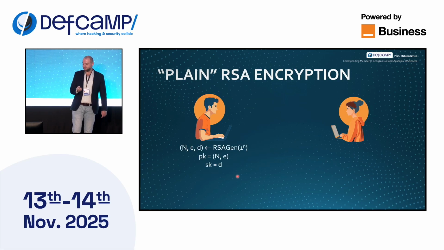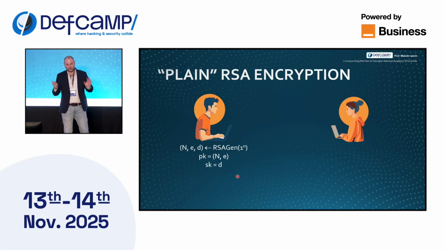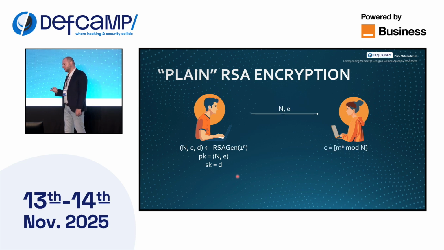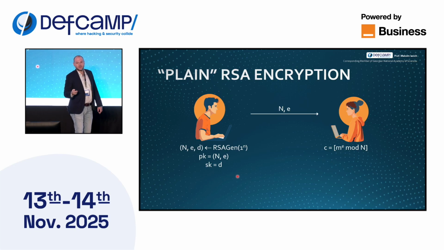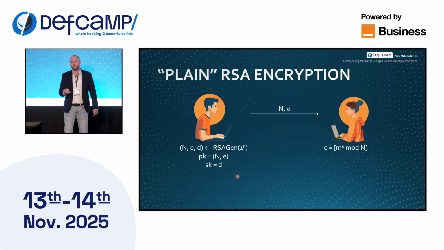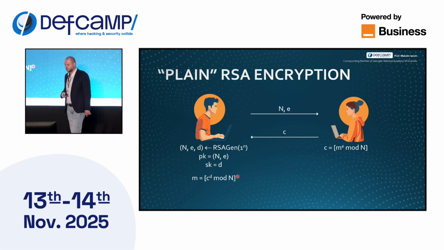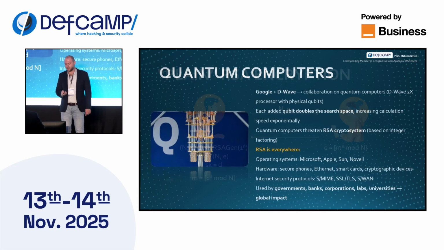So Bob's public key is N and E. Let's consider it simply: the public key is E, the secret key is D. He sends the public key E to Alice to encrypt the message. She raises the message to the power of E, and to decrypt it, Bob has the secret key. He raises this message to the power of D and gets his message back.